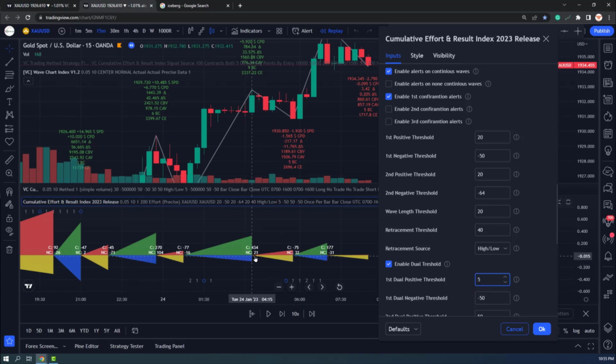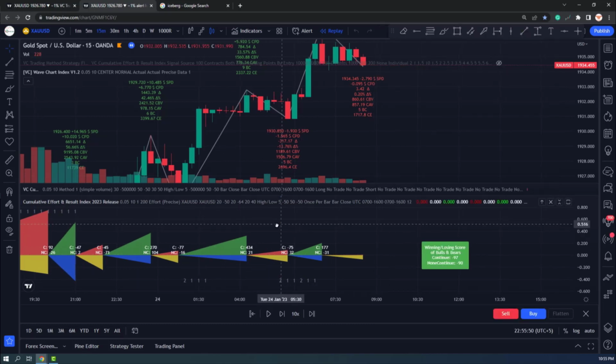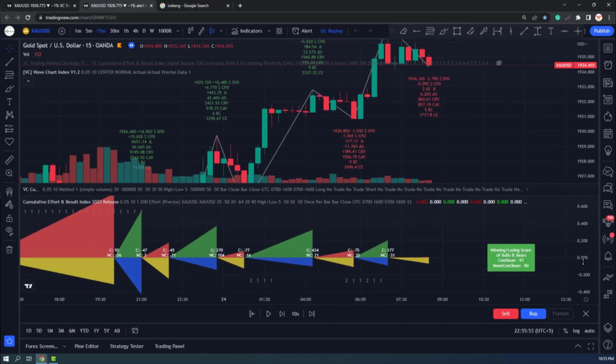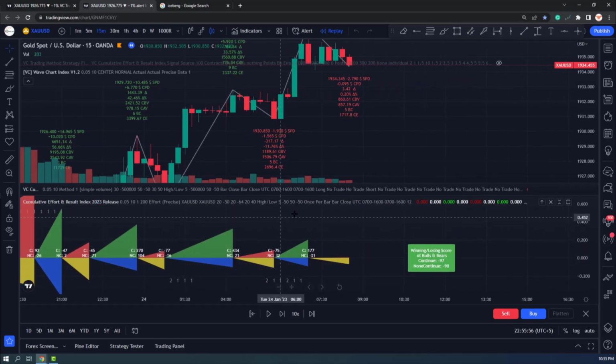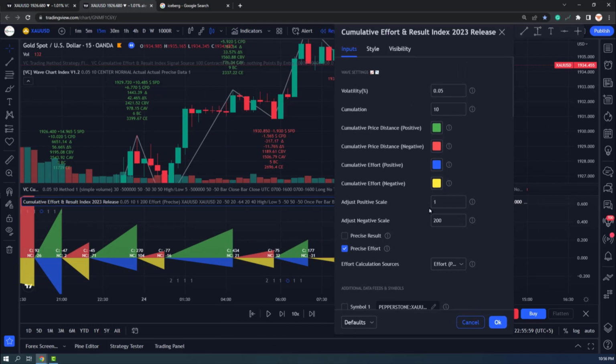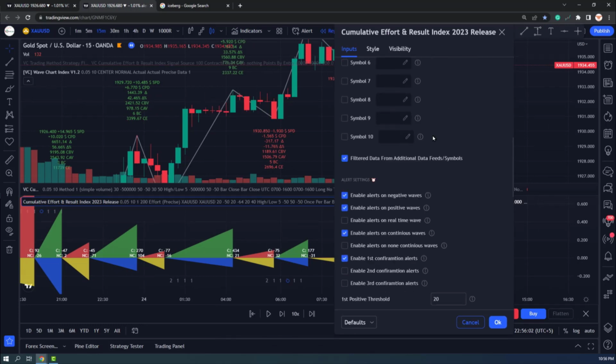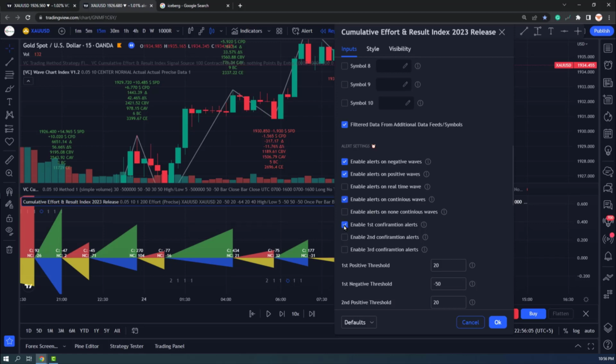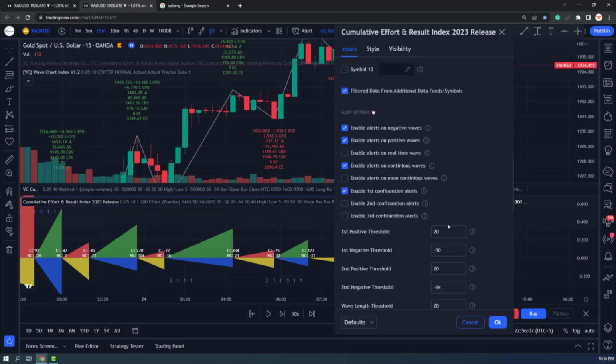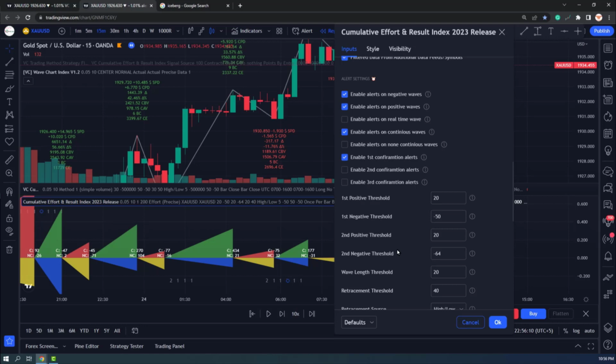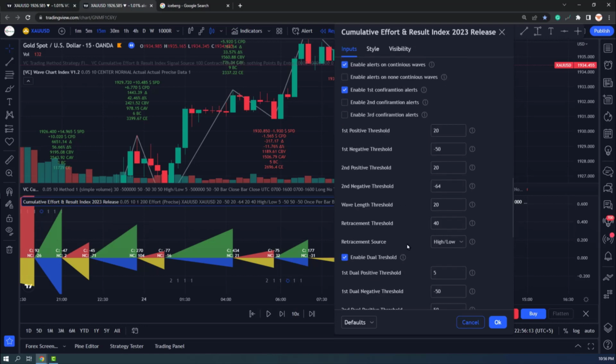So 21 is already more than 5. So it means continue and non-continue both are matching here, and it should trigger an alert. It will show the first confirmation here. Positive on continue, first confirmation 20.